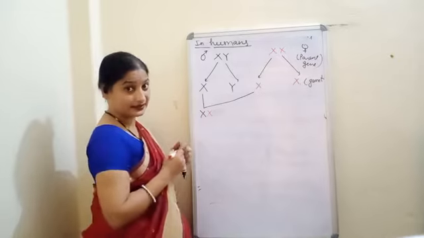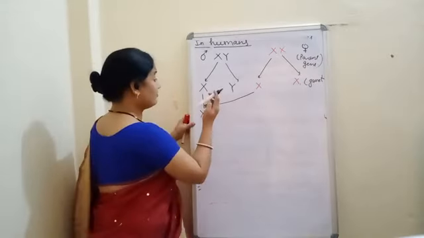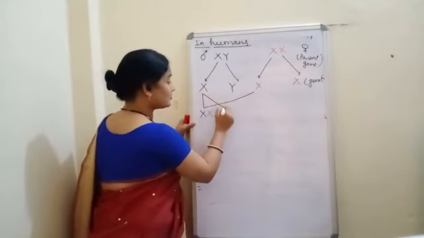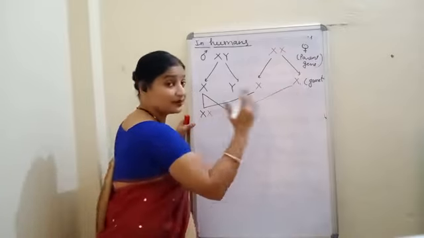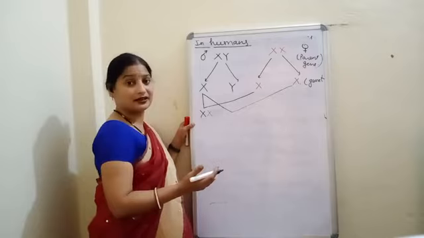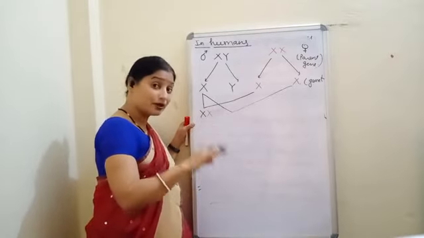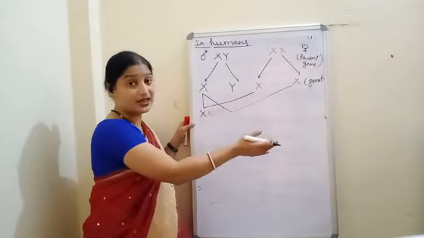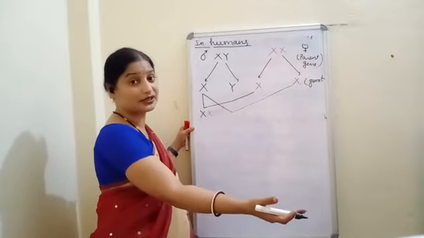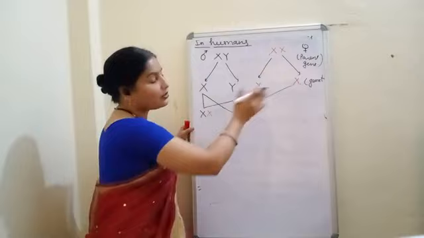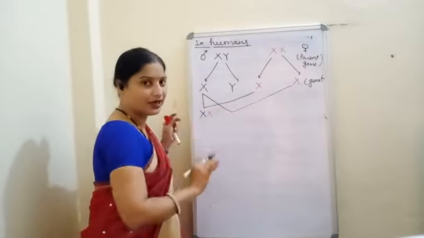X and X. Clear? What can be the next situation? This male can also cross with this. All these are the possibilities, children, because these are the gametes. So any one male gamete can cross with any one female gamete. So we are showing all the possibilities, but any one can be applied.